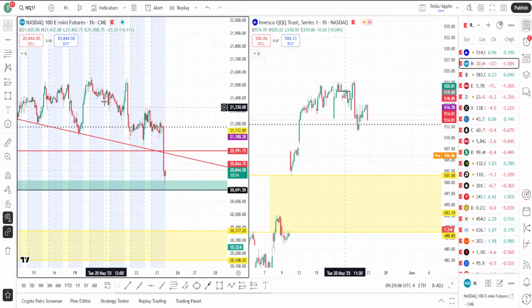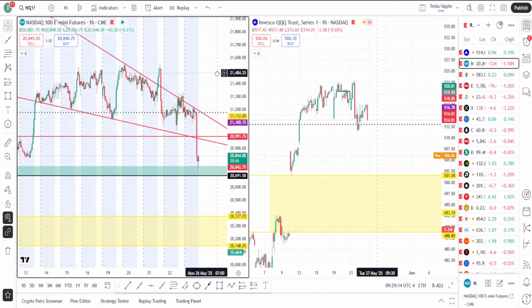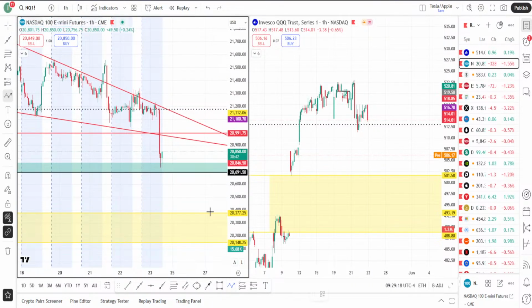And I think we also have another trend line here on the Qs right there. So I want to see resistance at any of these lines. If we pass these zones of resistance, then I'm looking for them to act as support, and then I'll look for resistance up here next.